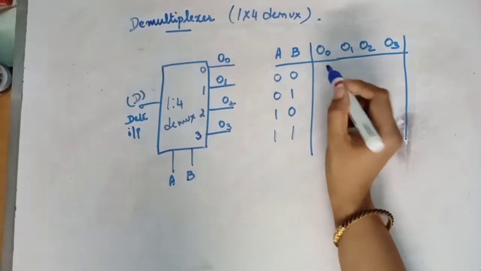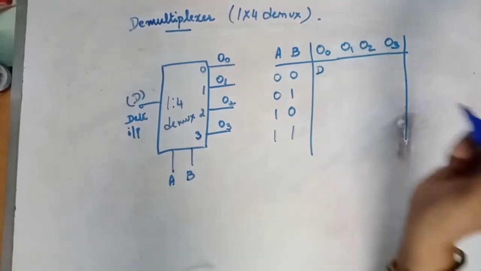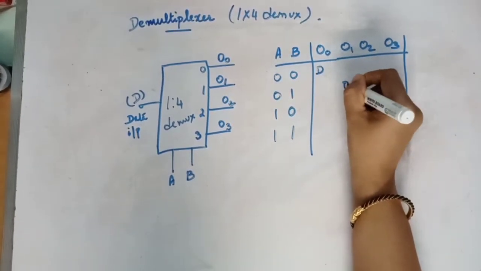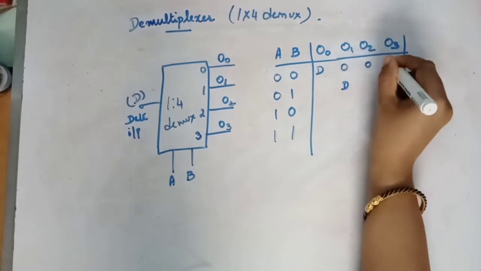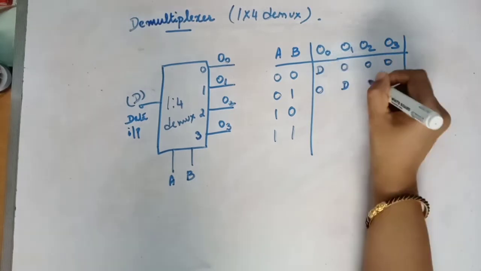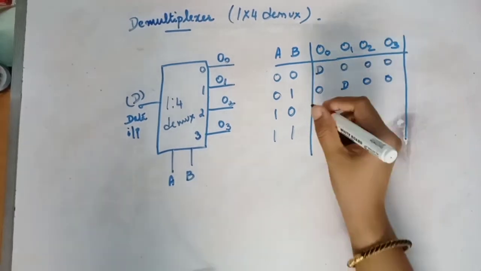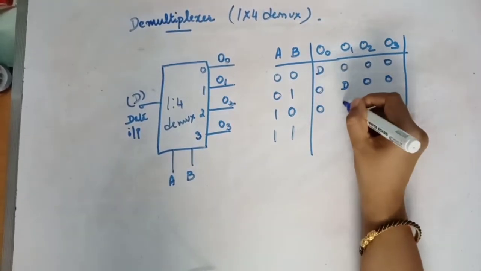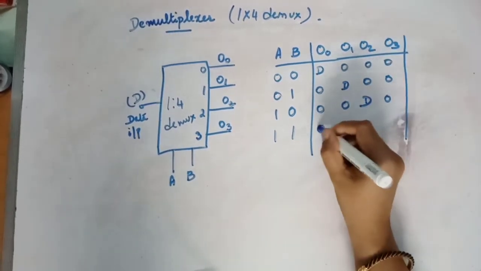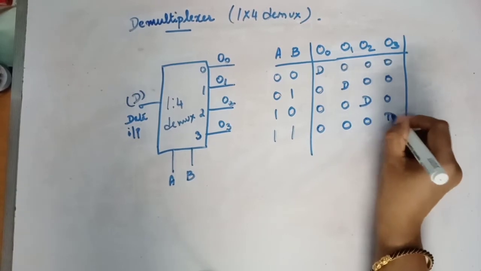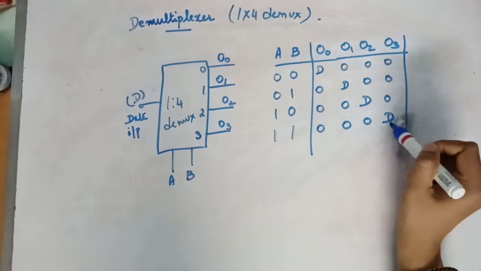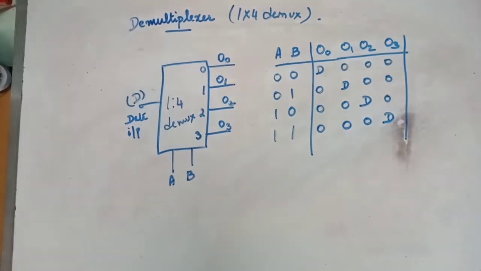That will go to O0. 0 1 means O1 will get the D, others will be 0. D can be 0, but whatever is in D. And 1 0 means O2 will get the D, and 1 1 means O3 will get the D.